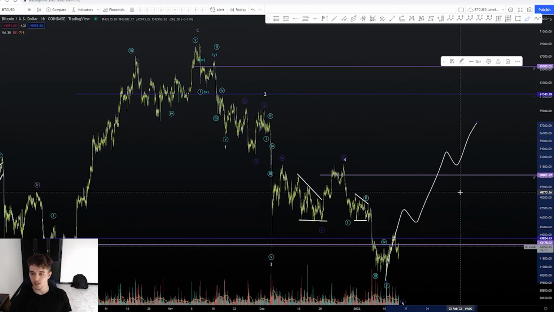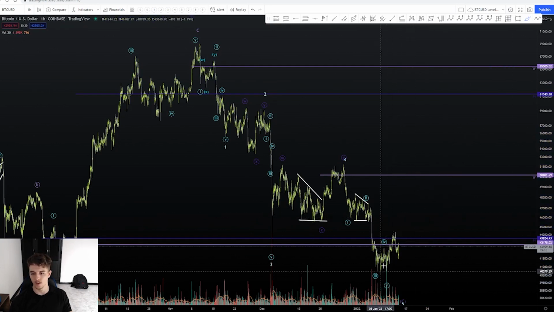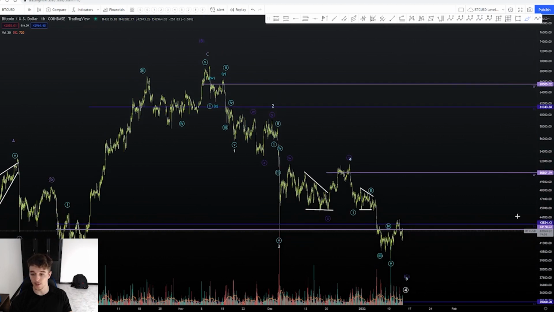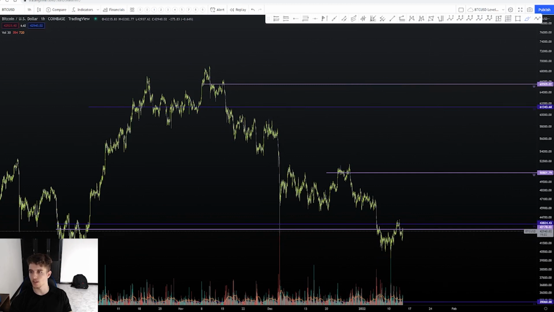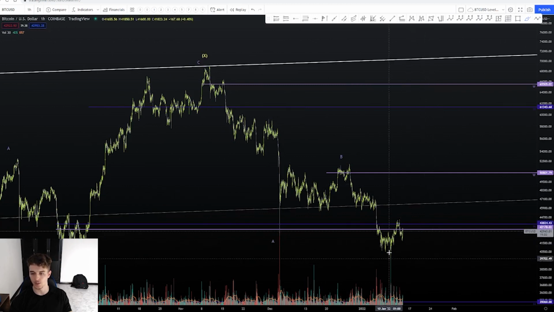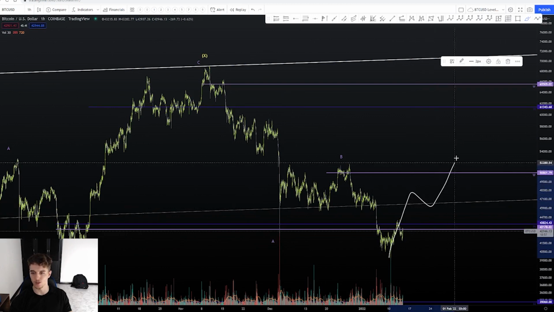Now, if we don't see increasing volume and instead we see kind of grinding up slowly with steady volume or even decreasing volume, then it's more likely that one of these counts, like the running triangle or the WXY, are in play, in which case we're going to come up for a zigzag, most likely, and then get a rejection back down.